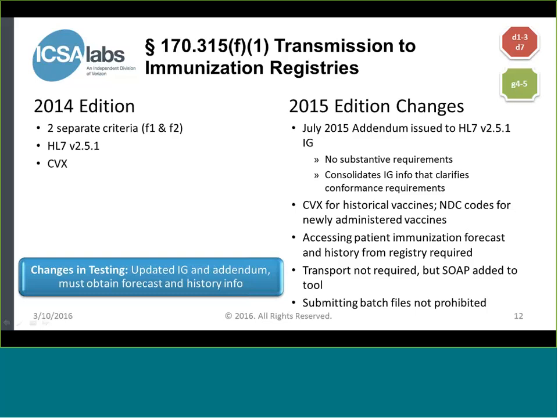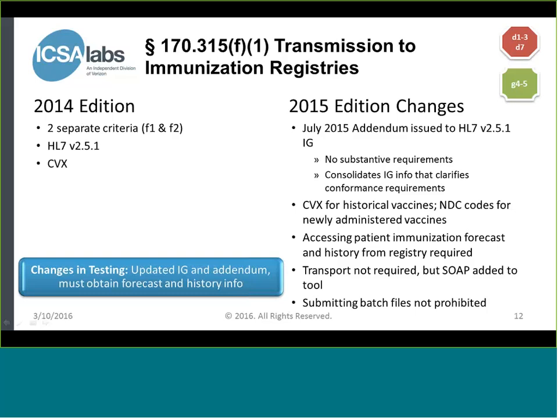There are no substantive changes to the HL7 2.5.1 requirement. However, what it does is it consolidates information that clarifies those requirements for conformance testing. Now, you also know we have CVX and NDC codes here.